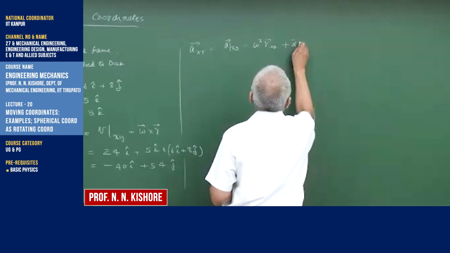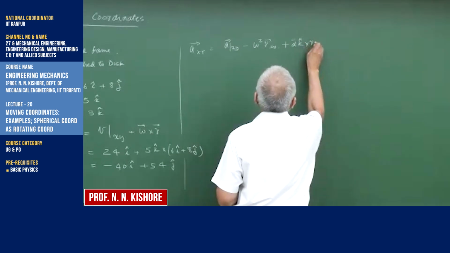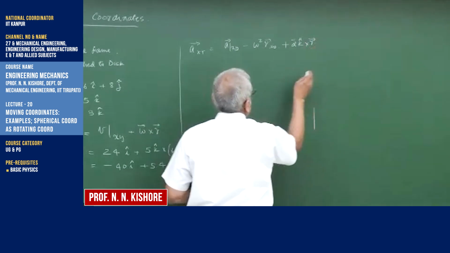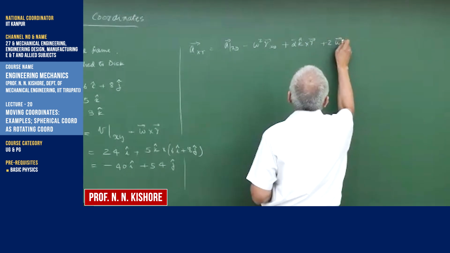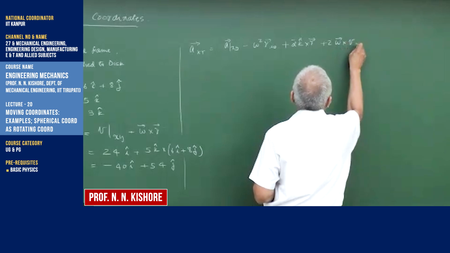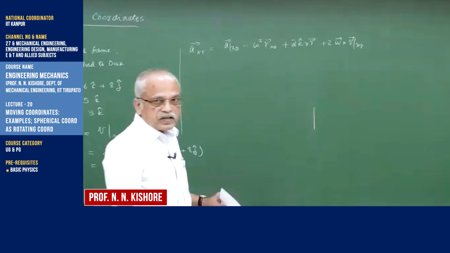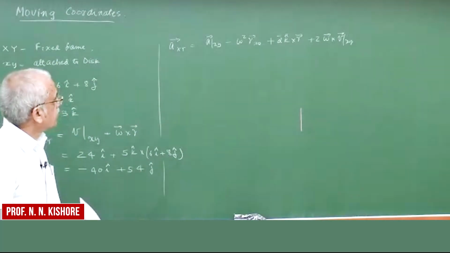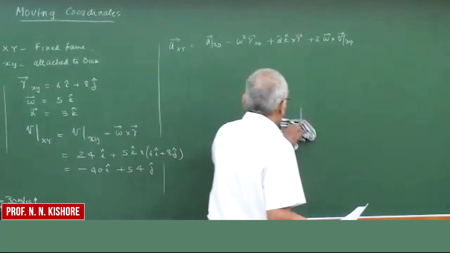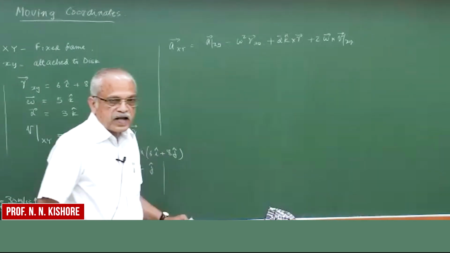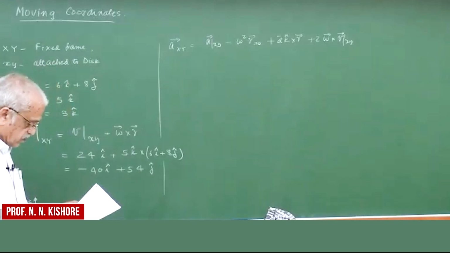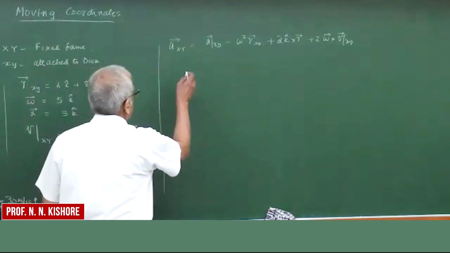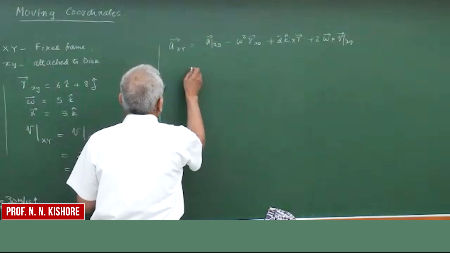If you want, we can write alpha k cross r, and finally we have the Coriolis term. So this is the complete expression for the acceleration.